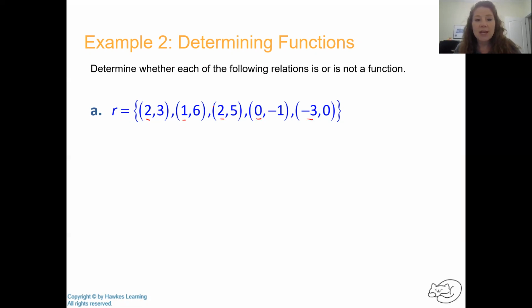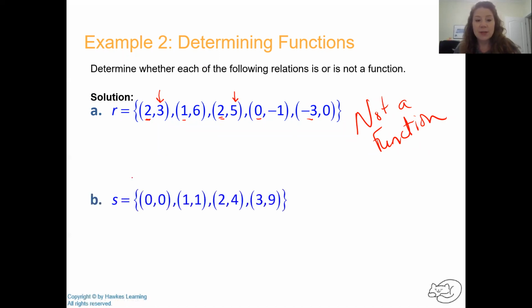Do you see here that we have two x values of the number 2, and those are paired with a different y value. So since it's telling us that the x value 2 has two different outputs, this is not a function. It doesn't matter if your y values repeat. All it matters is if the x values repeat. If they do, then it is not a function.